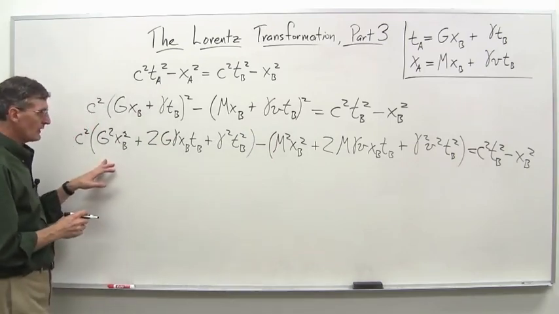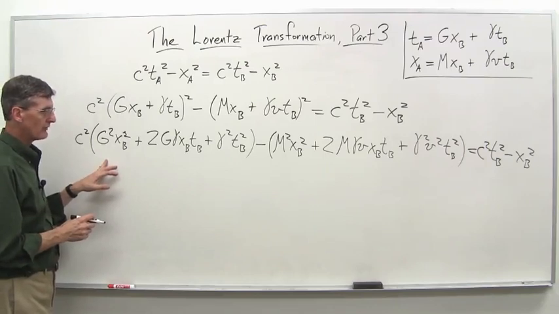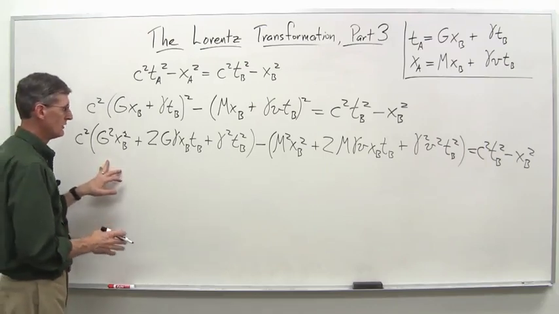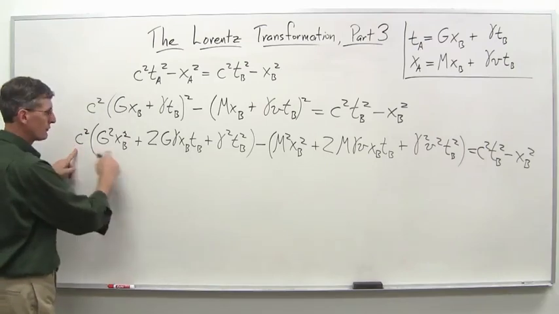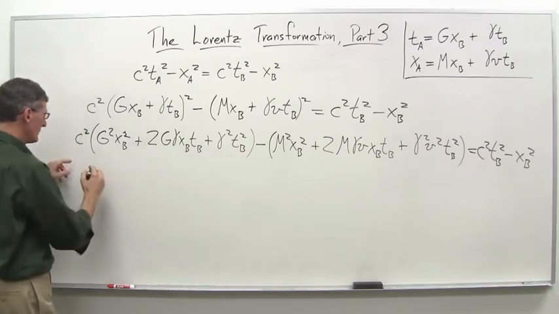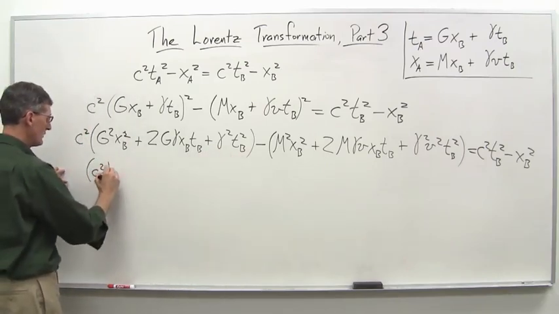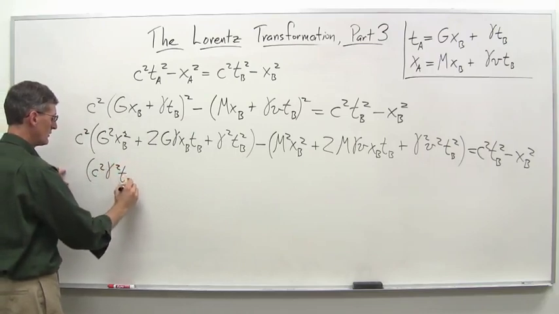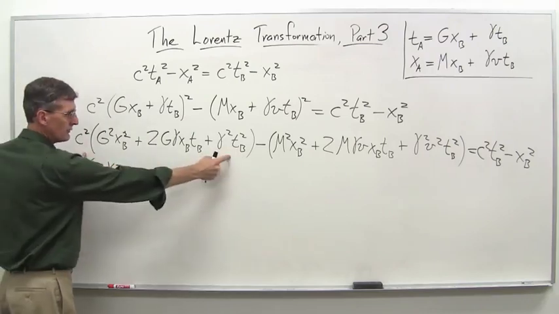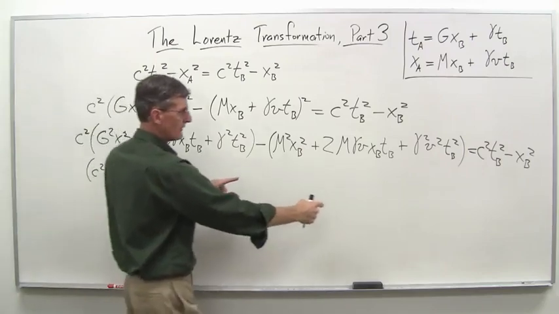So let's pull all the tb squareds together here. So I've got a c squared, gamma squared, tb squared. That's one of my tb squared terms right there. Got another one here.